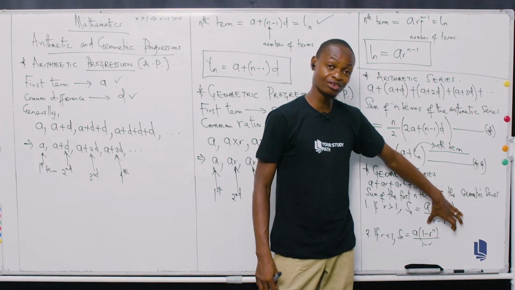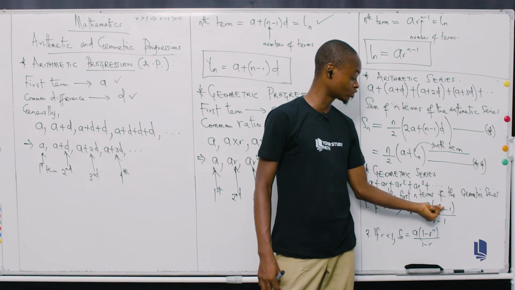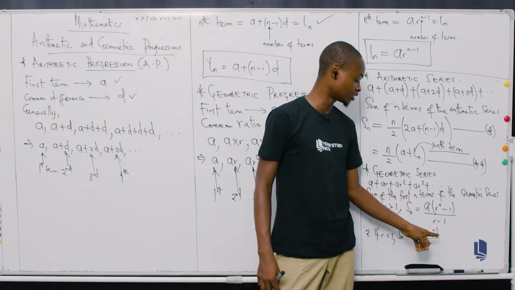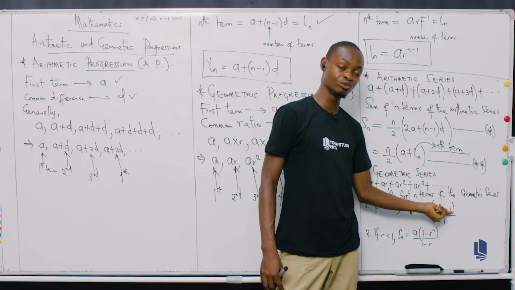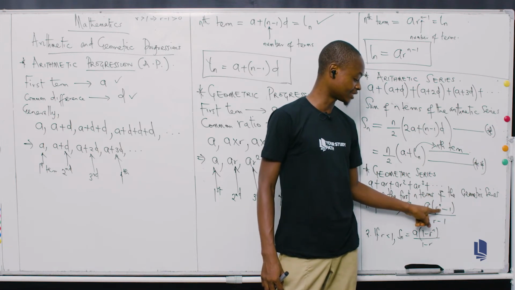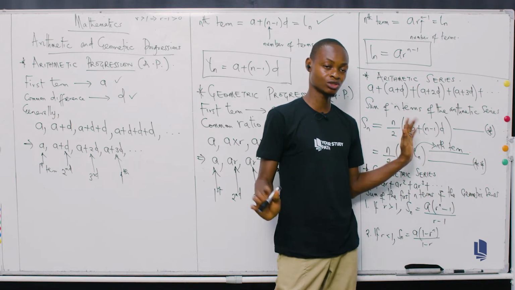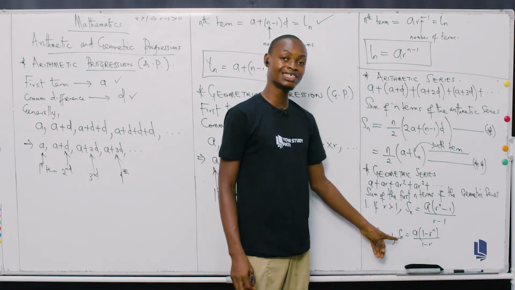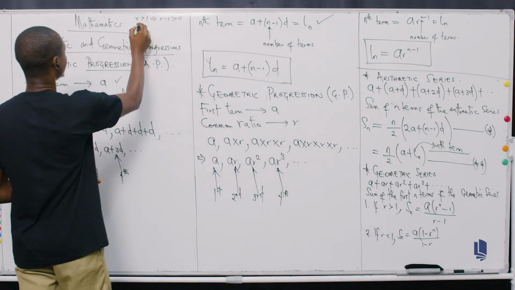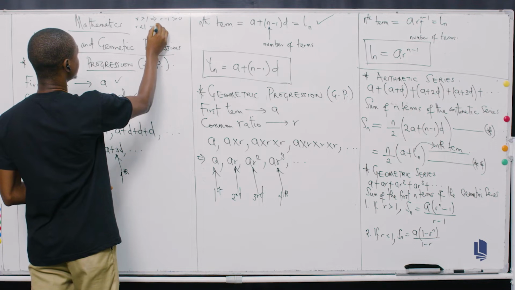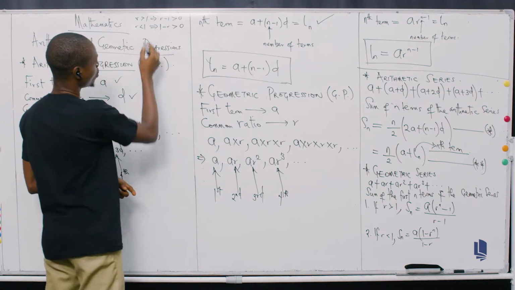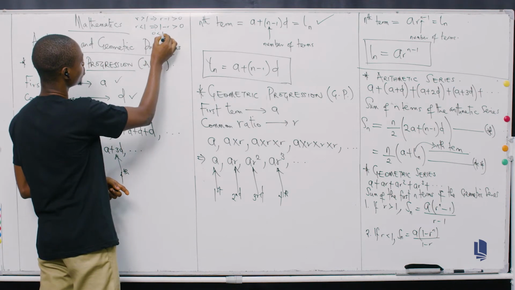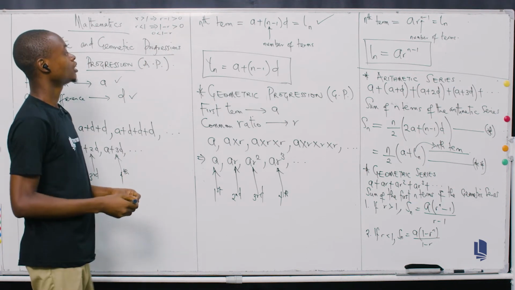Using that same value in the denominator, all you have to do is clone it in the numerator, which means r minus 1 in the numerator, also r minus 1 in the denominator. The only difference is the r to the power of n. That's all. In the case of r less than 1, r less than 1 simply implies that 1 minus r is greater than 0, or you can see it as 0 less than 1 minus r. Either is fine.